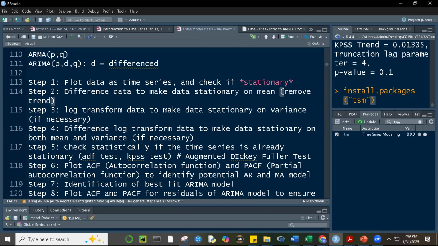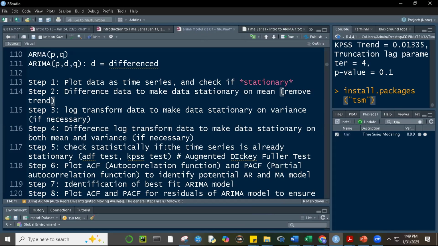What's the purpose of getting the difference? The purpose of getting the difference is to detrend the data. If the data has trend, if the data has non-constant mean, then the remedy for that is to get the difference of the data. If the data has non-constant variance, then to remedy that, you can get the log of the data.